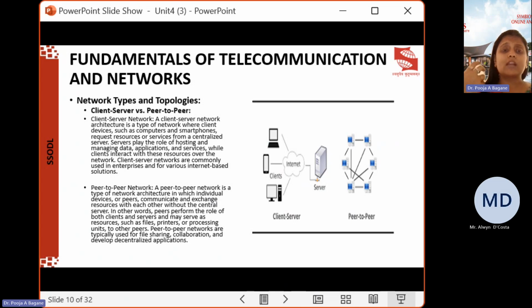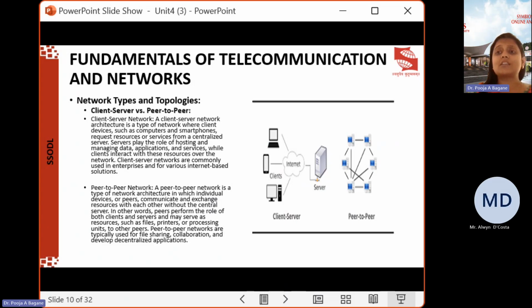This client-server network architecture is a type of network where client devices, for example computers and smartphones, request resources or services from a centralized server. The server plays the role of hosting and managing data and application services, while clients interact with these resources over the network.